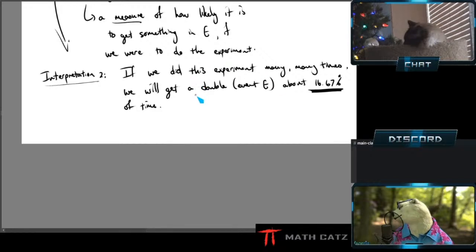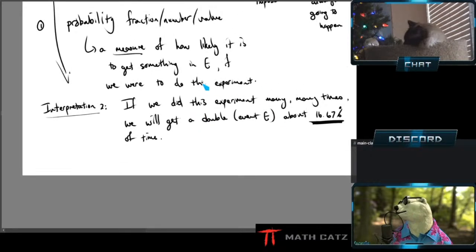Okay, so both of these are correct. They're in a sense equivalent, but sometimes I want to see things as if I'm going to do it right now, what do I expect? Just from one. So the probability is a measure of what to expect from one run of the experiment.